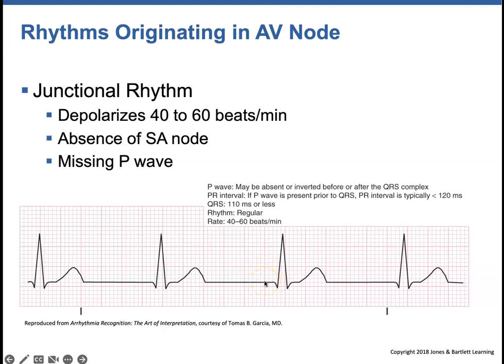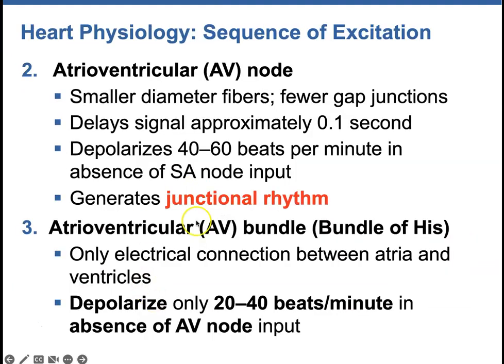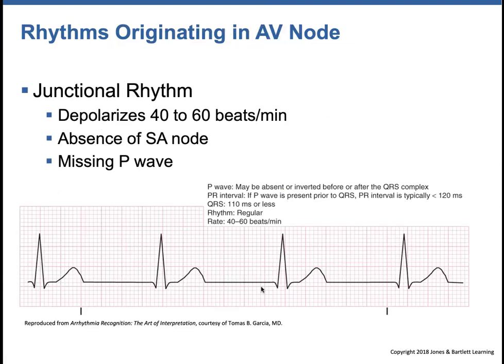What that is telling you is that the atria did not depolarize, and so you'll have a rhythm that is much slower. Remember that the signal from the junctional rhythm will continue down through the left and right bundle branches, right? But if you get down to that AV bundle, things are going to continue to slow down, and eventually we're going to have what's called a ventricular rhythm.